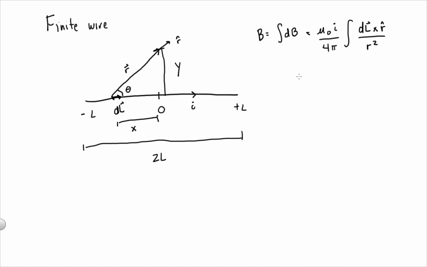And what we're going to see in this example is that r actually changes as we do the integral, unlike the last one with the ring. So we're going to have to leave that on the right-hand side of our integral.